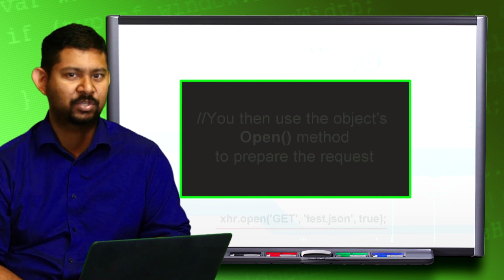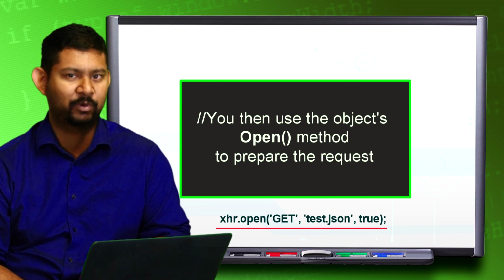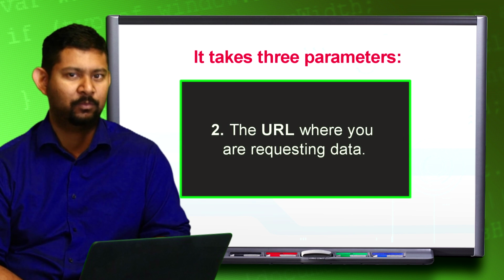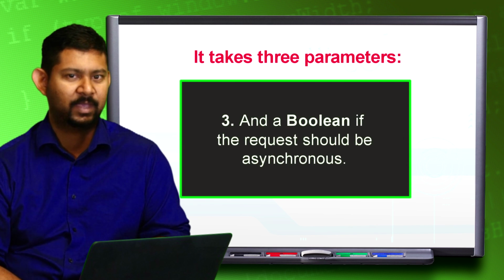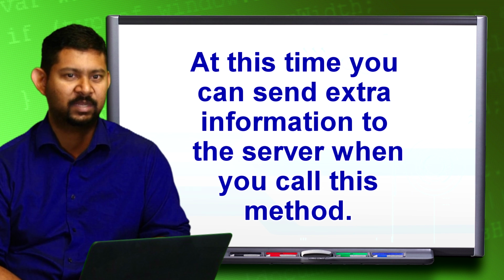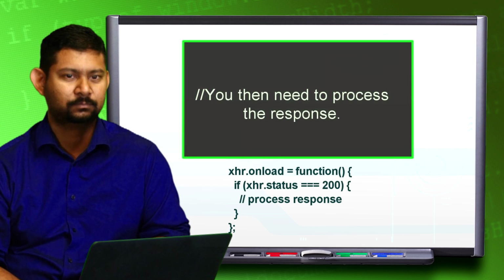You then use the object's open method to prepare the request. It takes three parameters: the HTTP method, the URL where you are requesting data, and a boolean if the request should be asynchronous. You then use the object's send method. At this time, you can send extra information to the server when you call this method.